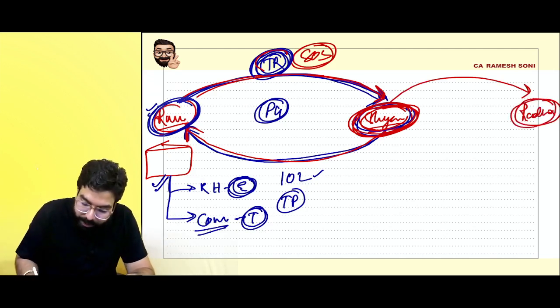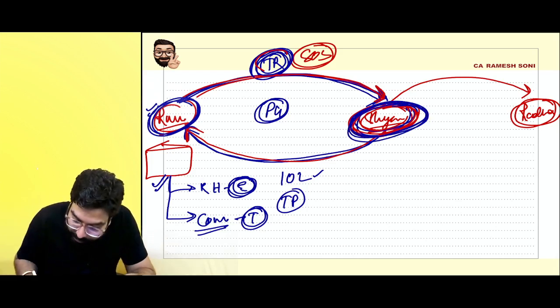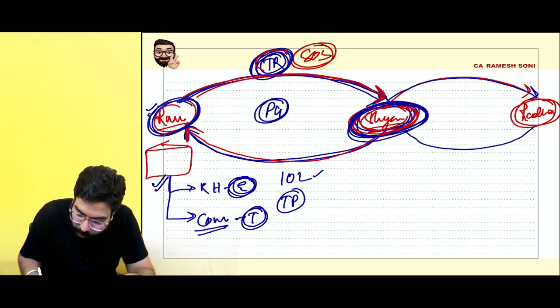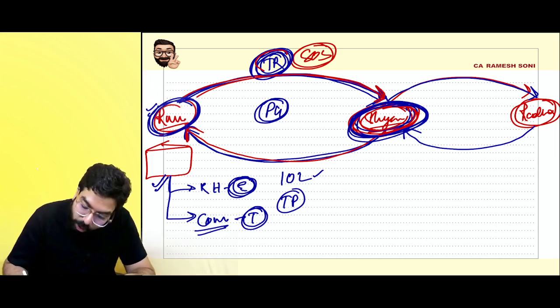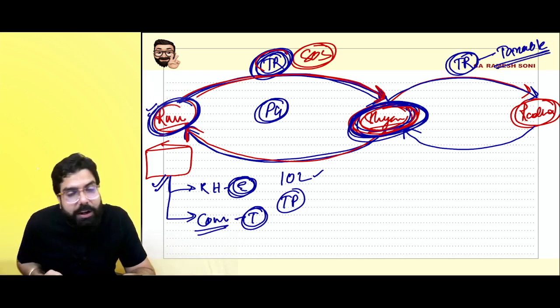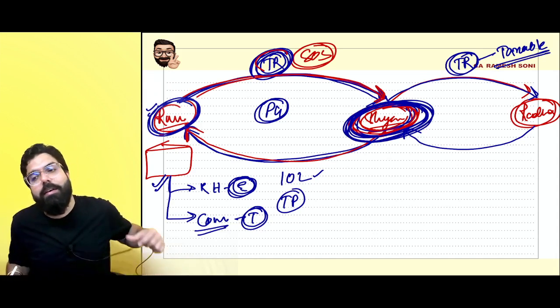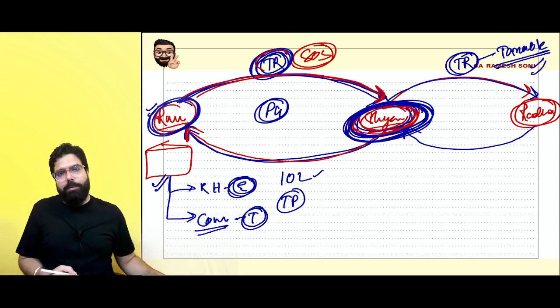Always remember, when this person, who is not the actual owner of the property, transfers the tenancy right to the incoming person and takes an amount from her, that transfer of tenancy right further is always taxable, whether it is for commercial property or residential property. This guy is doing business in the tenancy right, and doing business in the tenancy right shall always be taxable over here. Done, sir.